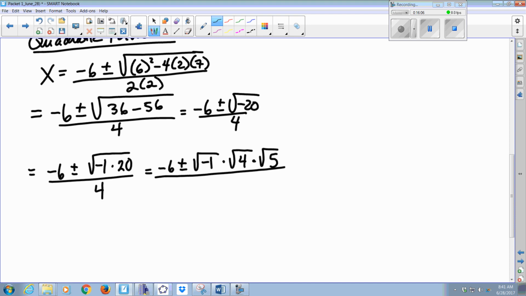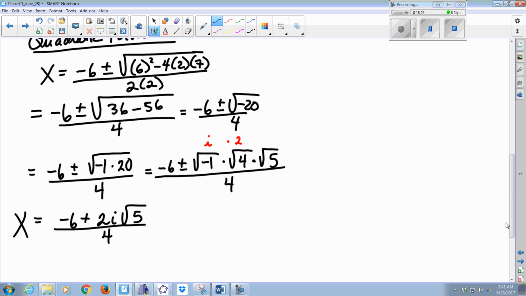And now I'm going to simplify everything. So -6 plus or minus the square root of 4 is 2. The square root of -1 is i. And the square root of 5 is irrational, so it has to stay square root of 5 all over 4.